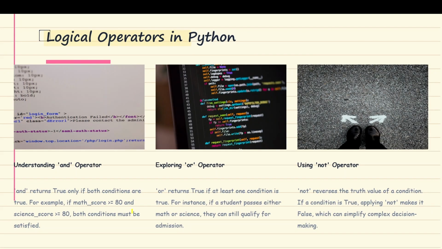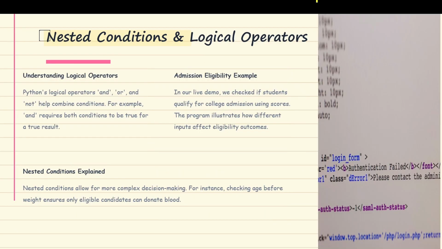So we have to discuss the nested loop and nested conditions. Here it is written, nested condition explained. Nested conditions allow for more complex decision making.